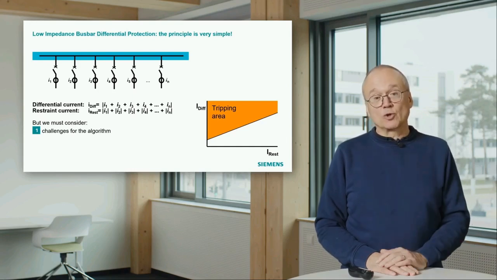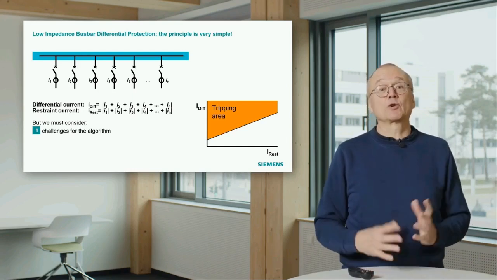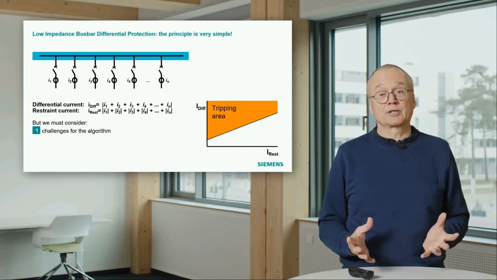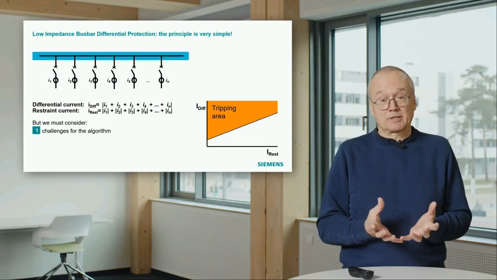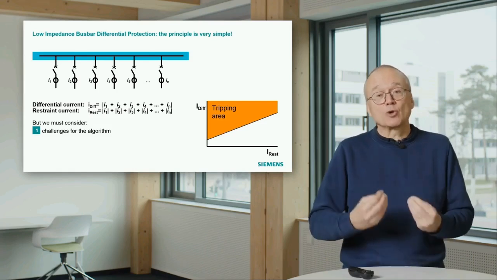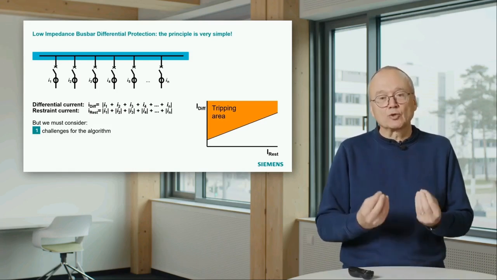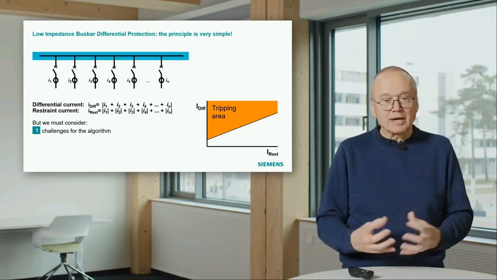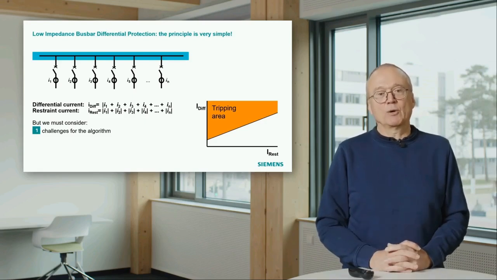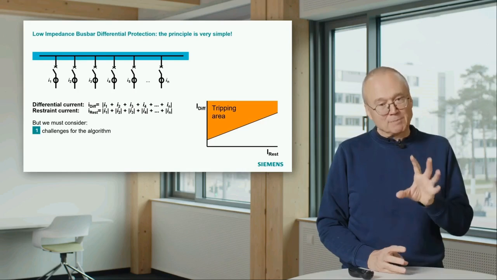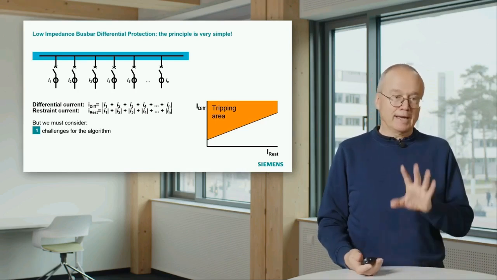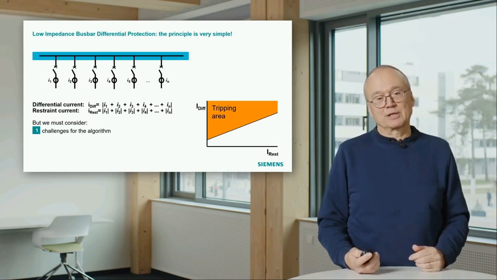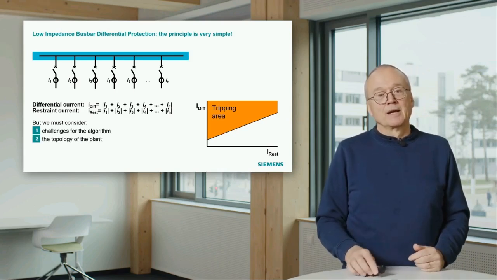If something goes wrong in a busbar protection, if you have a wrong trip in a busbar protection, you lose many lines. You lose all lines connected to that busbar. That means anything going wrong in busbar protection typically has much higher impact on our power systems. So busbar protection must be handled pretty carefully, and we will see we have some challenges in the algorithm.